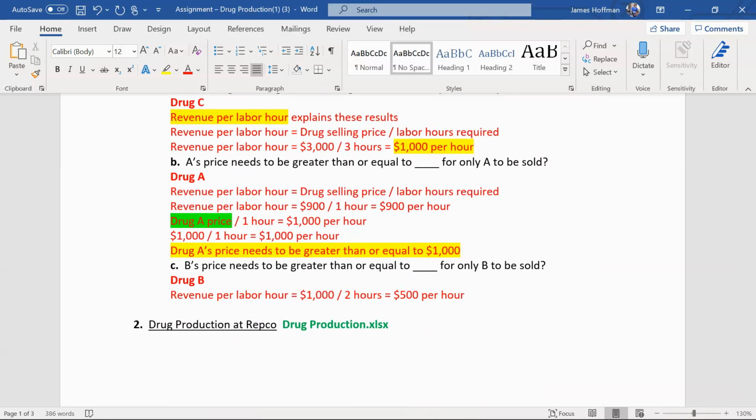Okay. So now let's find out what drug B price needs to go to be equal to $1,000 per hour. So we're trying to find the drug B price increase amount that is equal to the return of $1,000 per hour.